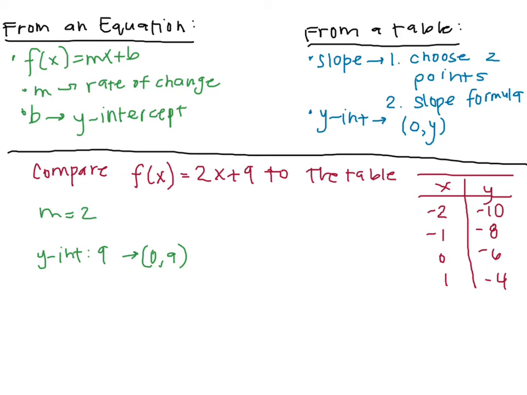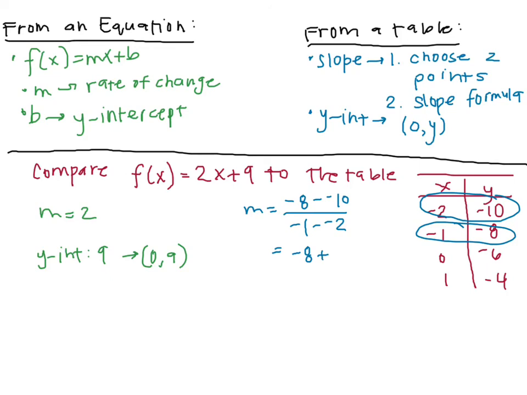Now let's look at the table. I need to choose any 2 points, so I'm just going to choose the first point and the second point. If I put those in the slope formula, I have y2 minus y1 divided by x2 minus x1. That minus a negative becomes plus 10 and plus 2.